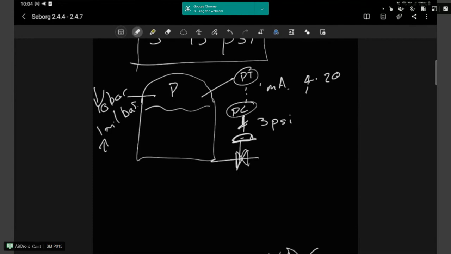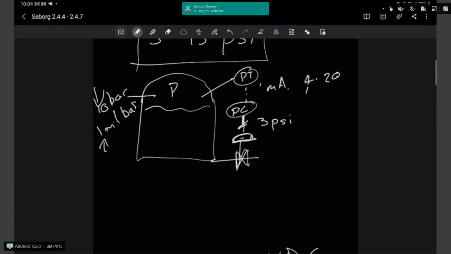In any event, while this is close by, we'll at some point talk about transducers, which change the pressure value to the milliamp value to the pressure value, and that transducer is this thing here. This actually is provided with a milliamp signal, an electrical signal.